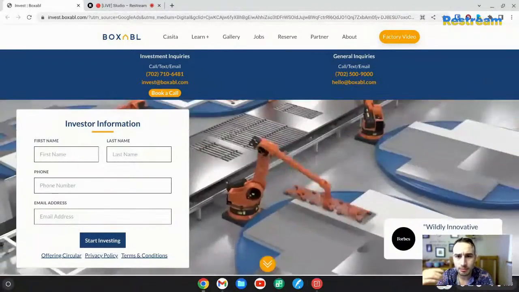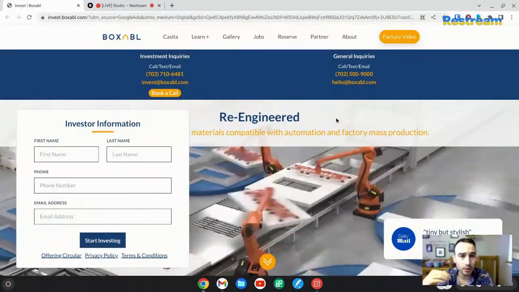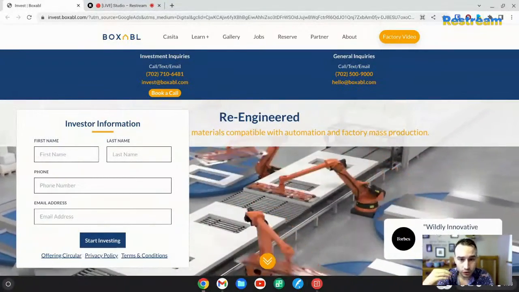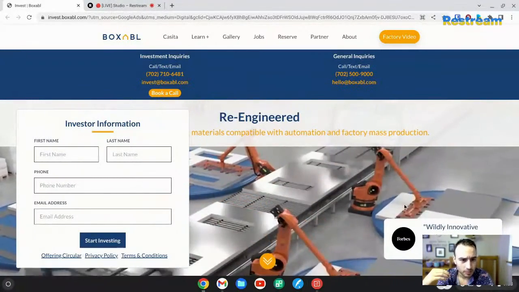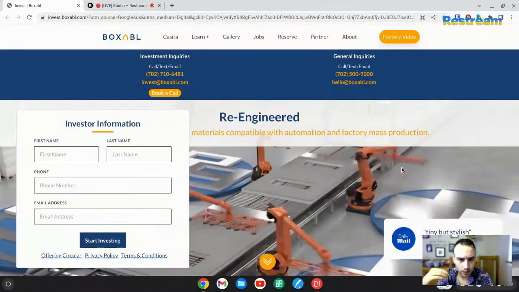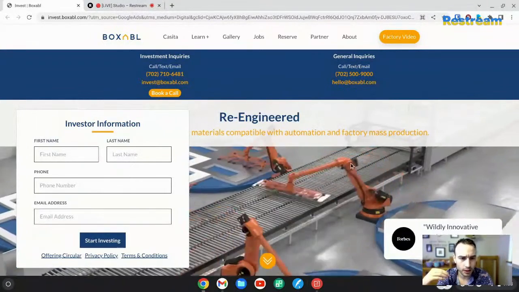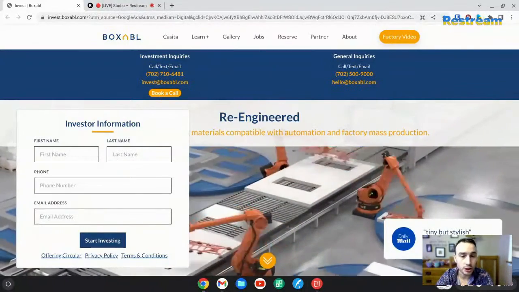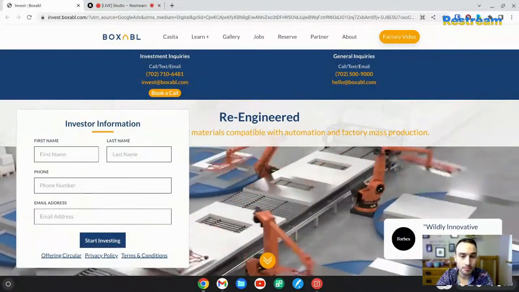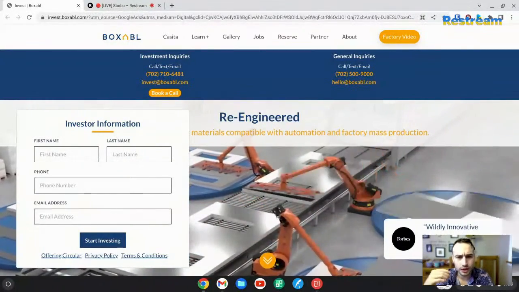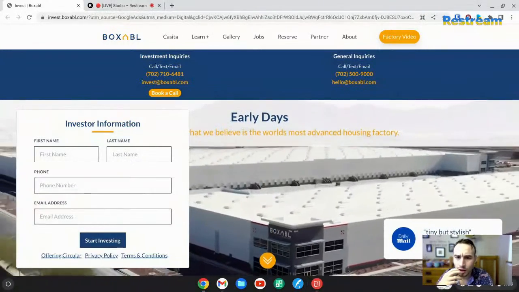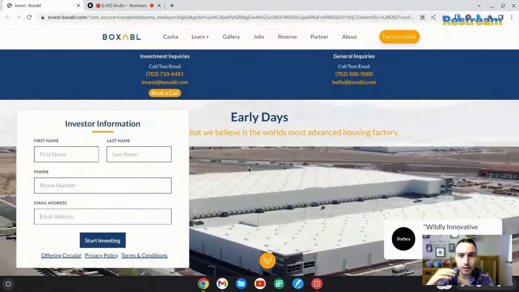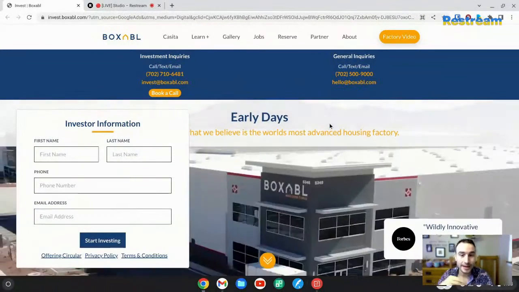Re-engineered materials compatible with automation and factory mass production. Something tells me that this video here with these little cranes inside the production line is CGI and not live footage, which isn't great for credibility. Early days, something that we believe is the world's most advanced housing factory.